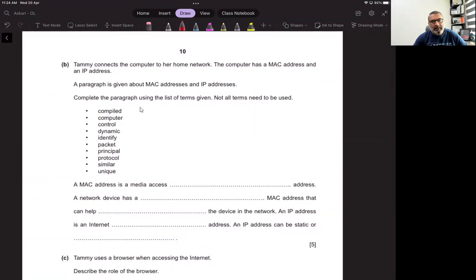Okay. Temi connects the computer to her home network. The computer has a MAC address and an IP address. A paragraph is given about MAC addresses and IP addresses. Complete the paragraph using the list of terms given. Not all the terms need to be used.